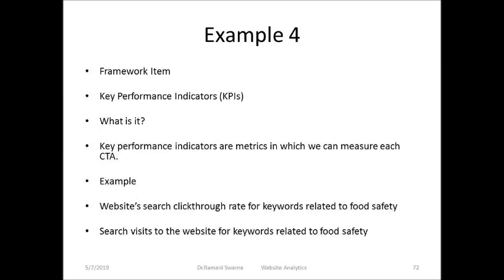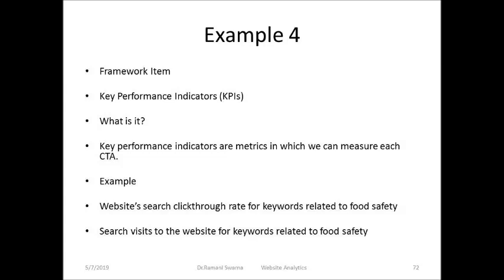Now the next one is what we call the key performance indicators, or KPIs. These are the metrics with which I can measure each CTA. So what are examples? Website search click-through rate for keywords related to food safety. For example, in Google, I type the words, let's say safety food or hygienic food, or even healthy food.